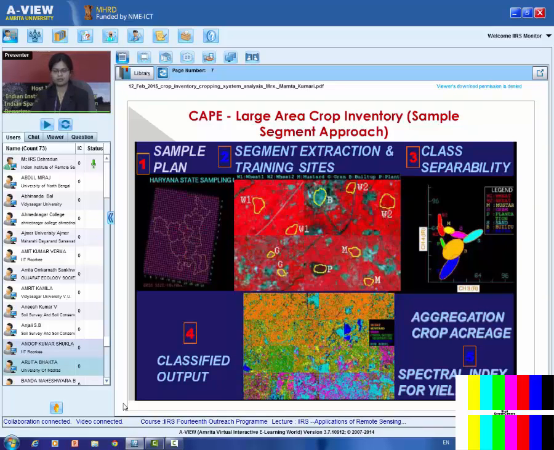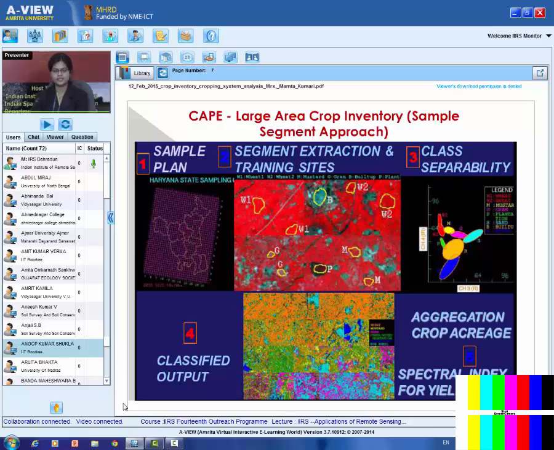For a single crop, pixel reflectance varies. So instead of bringing that pixel into a single class, we get several kinds of classes. So for that, object-oriented classification is used, which considers the field size as well as pixel information also.